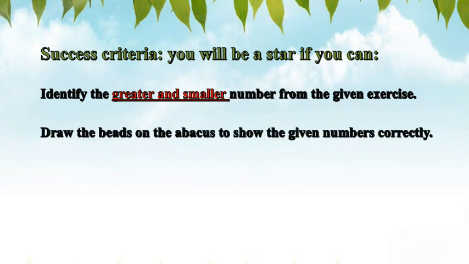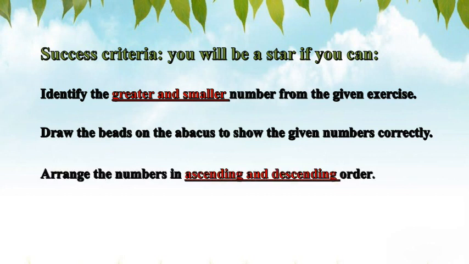And also you have to arrange the numbers in ascending and descending order. What does ascending mean, students? Yes, ascending means you have to arrange the numbers in smallest to largest. In descending order, we have to start from largest to smallest, right? So I hope you all enjoyed the lesson, and you all have understood all the tasks of the day.